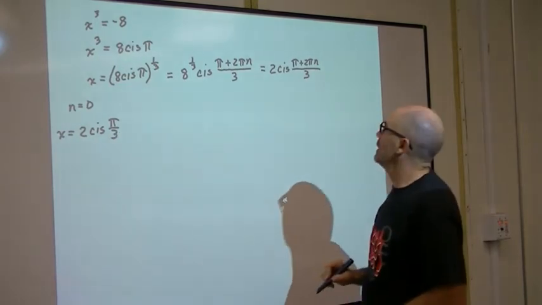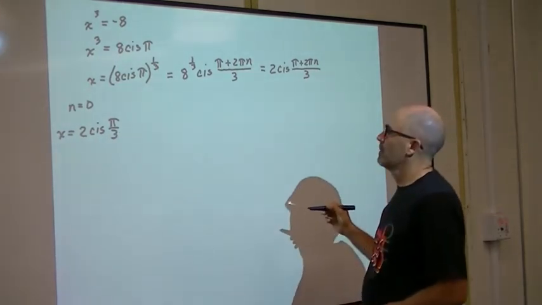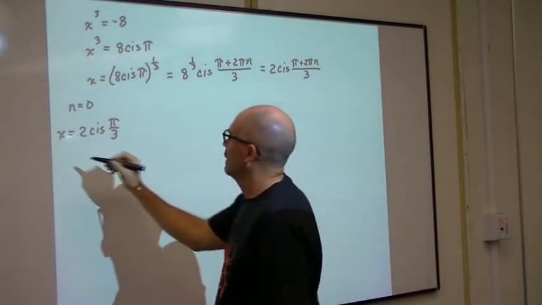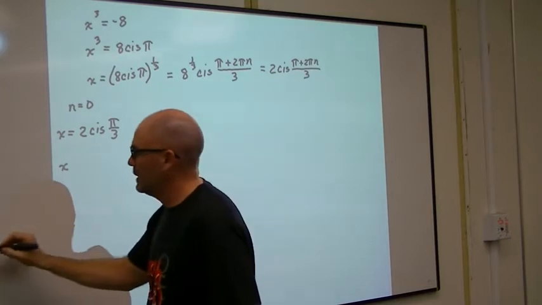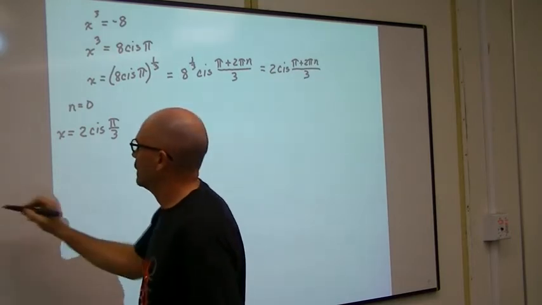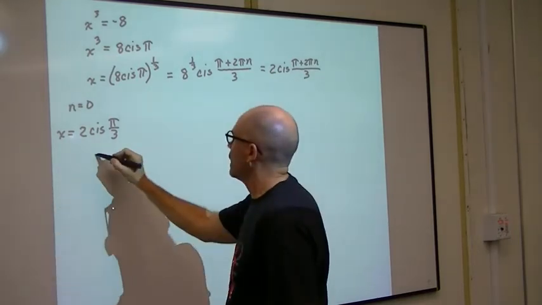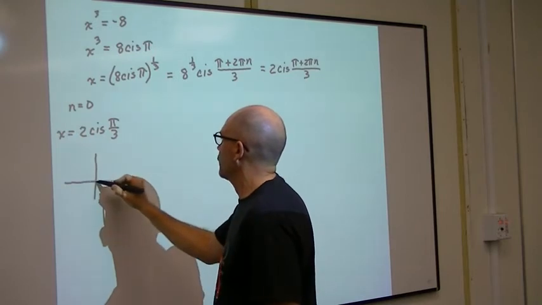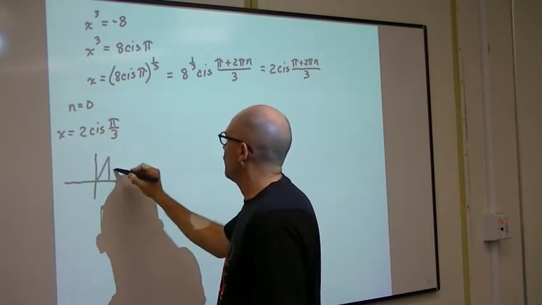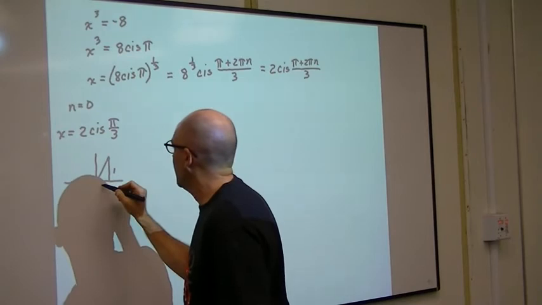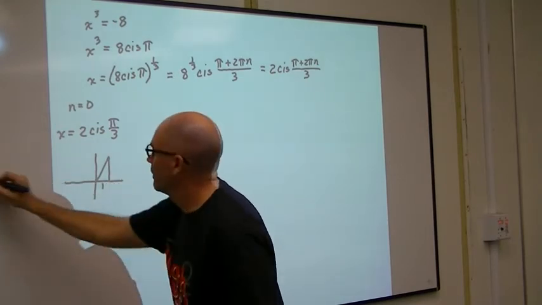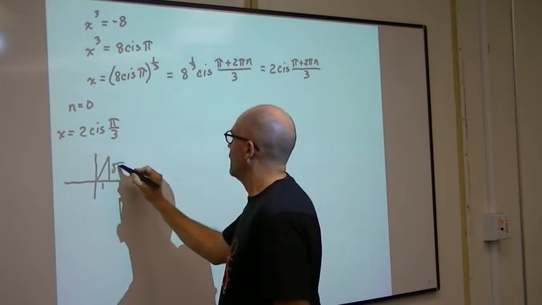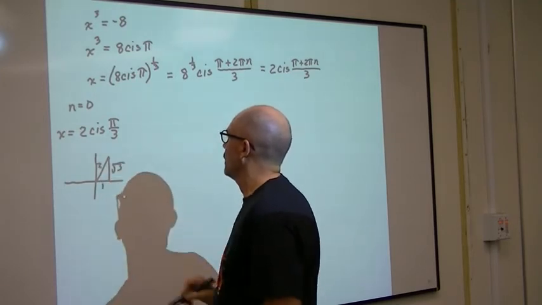So that's 2 cis pi over 3. And what is cis pi over 3? Well, let's just sketch that out real quick. So here's my pi over 3 right here. And so I have 1 here, and I have the square root of 3 here, and 2 here.